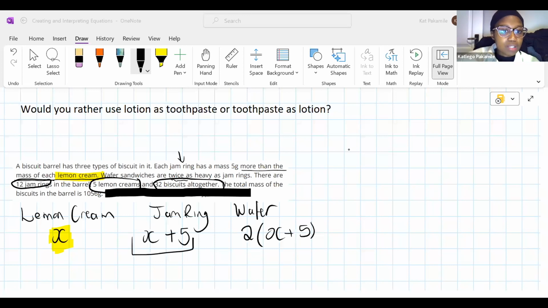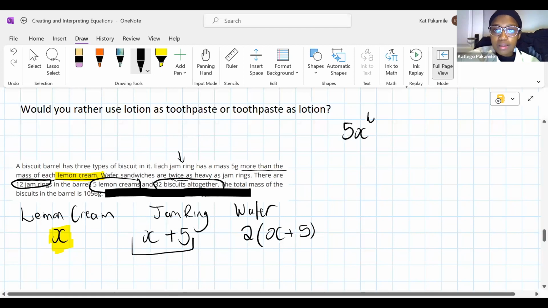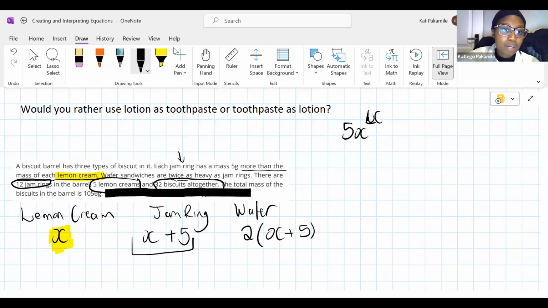Let's hear what you guys have to say. If 1 of them is X, thank you, guys. So in total, all of the lemon creams are 5X. I'm going to say LC. My L is horrific, but you get the point. We've dealt with lemon creams.